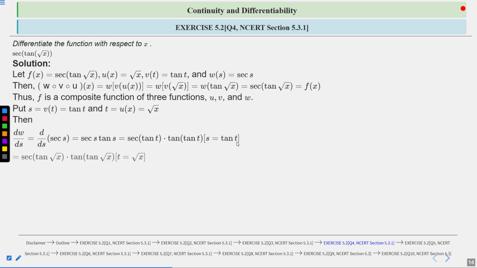Now t is basically root x, so you can write it as sec(tan root x) into tan(tan root x), since t is equal to root x. Now let us calculate ds upon dt, which is equal to d upon dt of tan t, which is equal to sec square t. And t is root x, so we can write it as sec square root x.